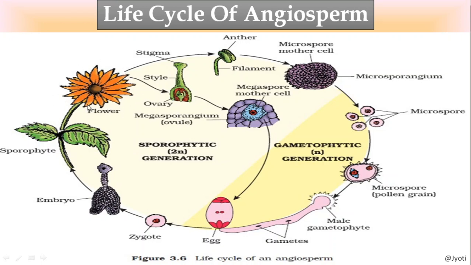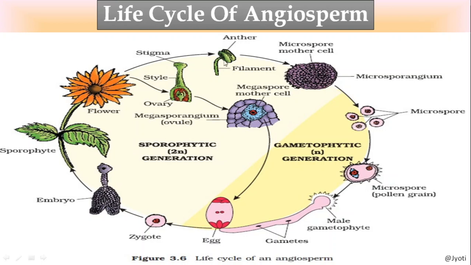The flower may be a male flower or a female flower, but here I am showing you a bisexual flower, which can produce both male gametes and female gametes. Here the female reproductive organ is highlighted and here the male reproductive organ is highlighted.